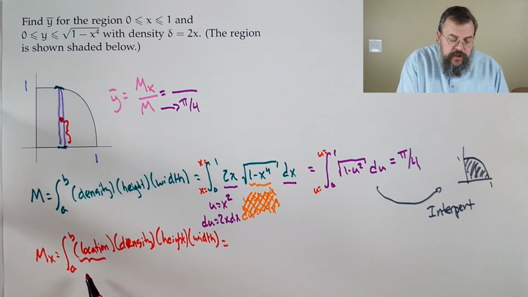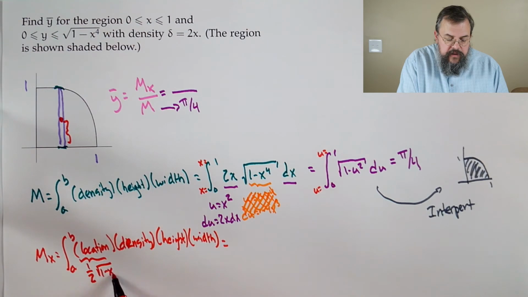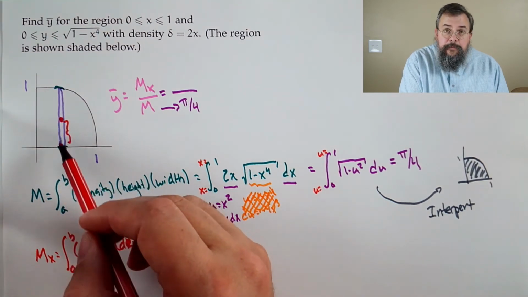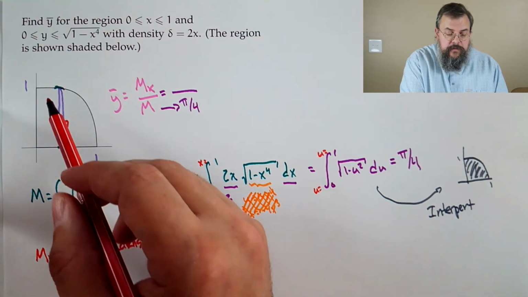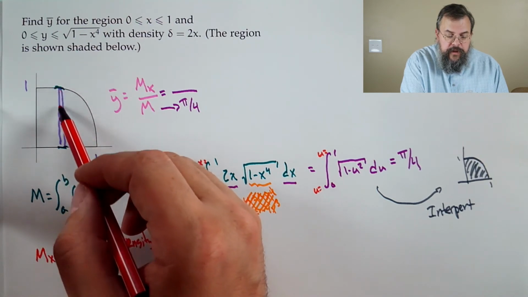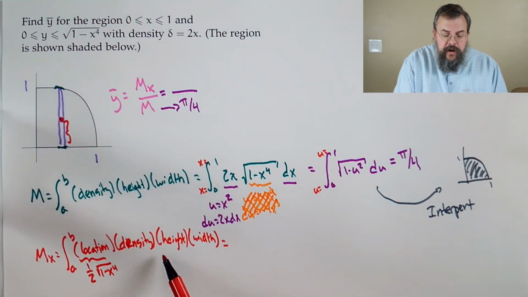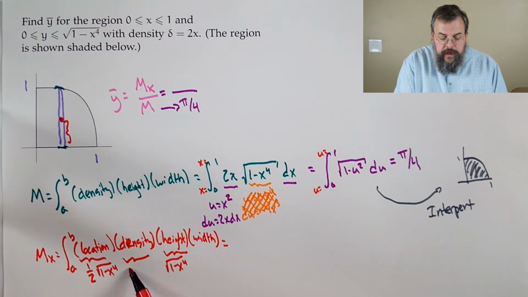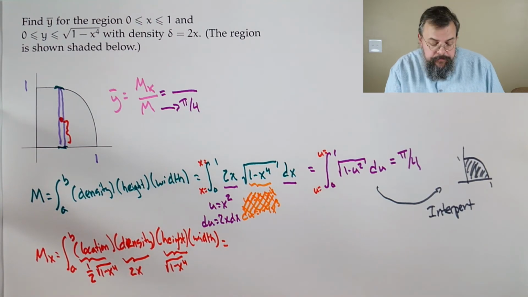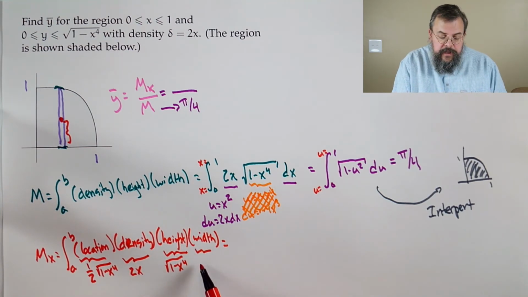So our location is going to be 1/2 of square root 1 minus x to the fourth. It's halfway down. Our height also is the same as before, square root 1 minus x to the fourth. We'll put our density in here because we can. It's 2x. Here we have dx.